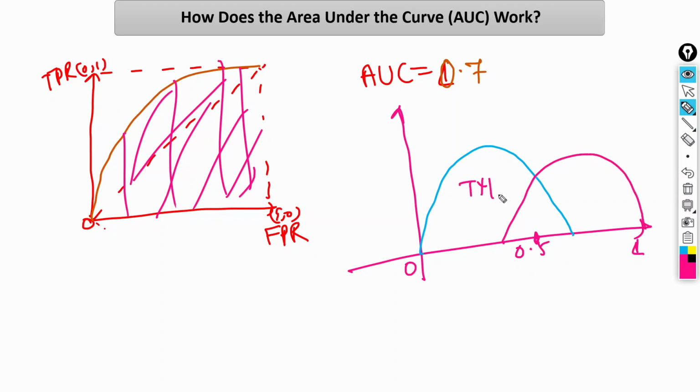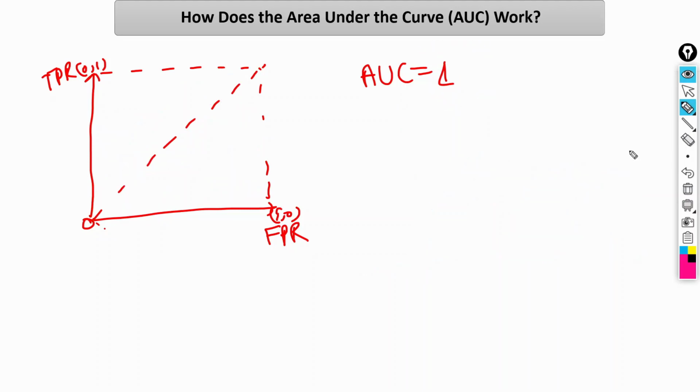This is your true negative, this is your true positive. So here I have some false positives and false negatives under this region. It means some positive classes and some negative classes will be misclassified at this particular region, because some TN and some TP are misclassified due to this intersection at 0.7.